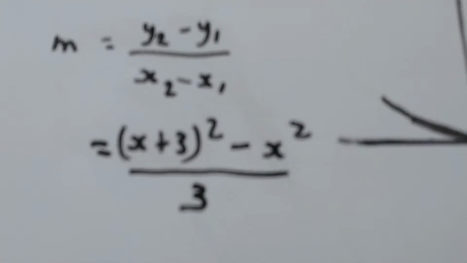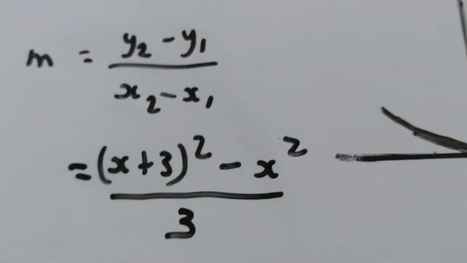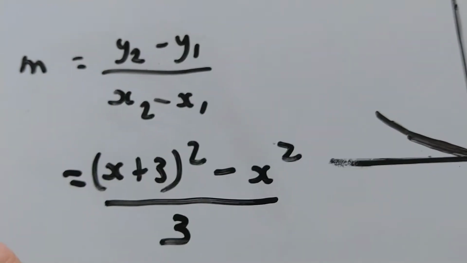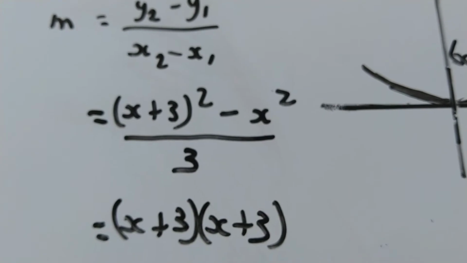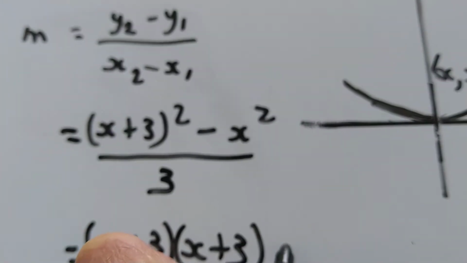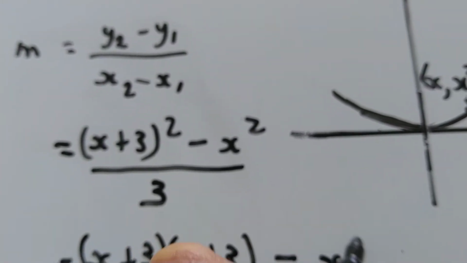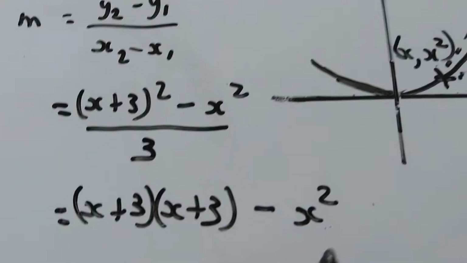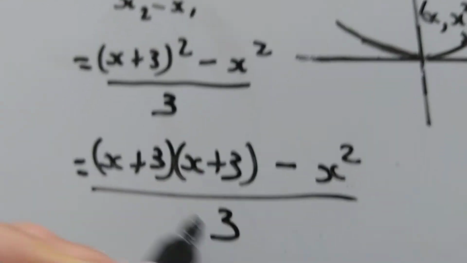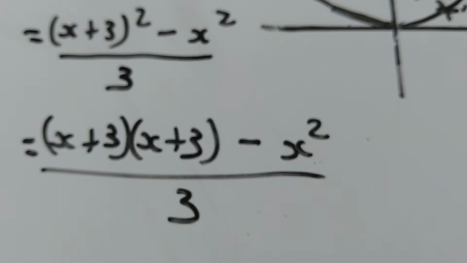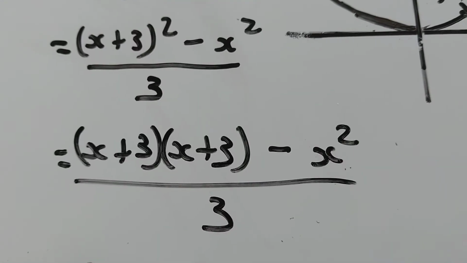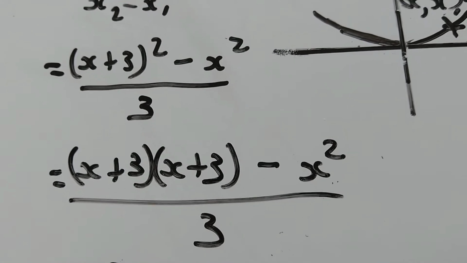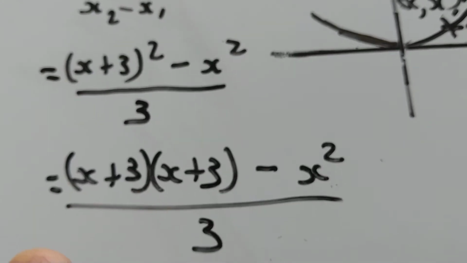Let's work out that gradient. x plus 3 squared means multiply it by itself. Take away y1, which was just x squared, over 3. Okay, so that's x squared plus 6x plus 9.